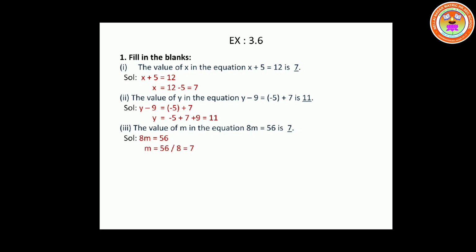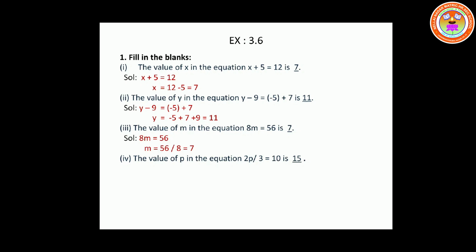Now here 8m is given, so 8 is multiplied with m, transposing to the other side becomes division, so that is written as 56 by 8. When I divide 56 by 8, it is 7 times, so the value of m is 7. Next question, the value of p in the equation 2p by 3 is equal to 10 is.